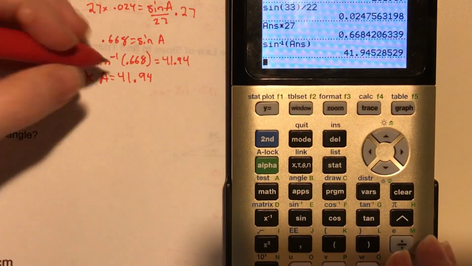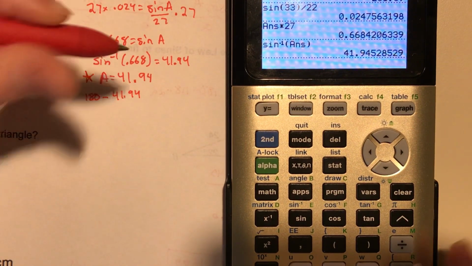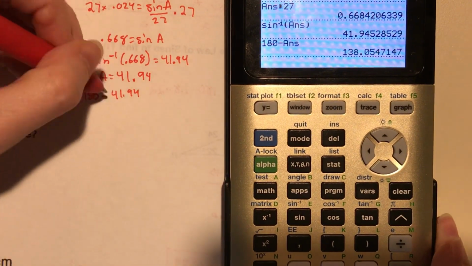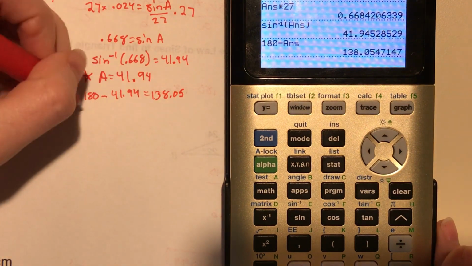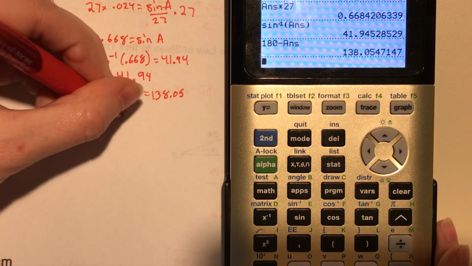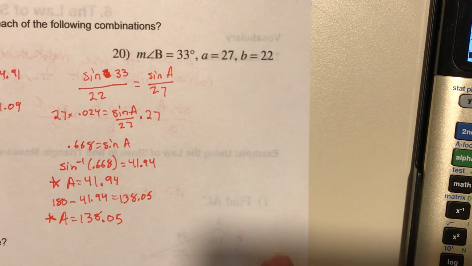So we can say, well, what if we do 180 minus 41.94? 180 minus, this answer is going to give us 138.05. So A could also be 138.05. Let's test each A value to see if it would work.